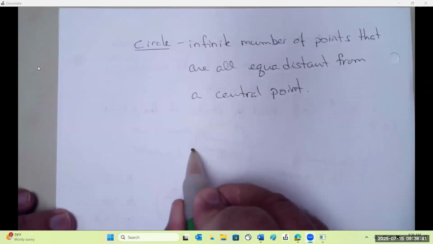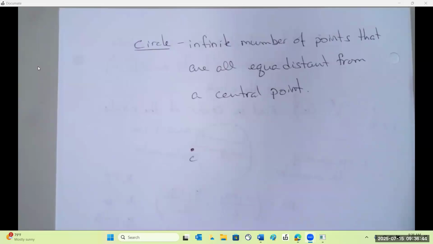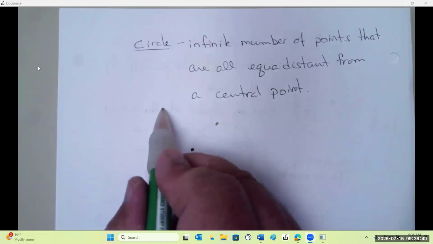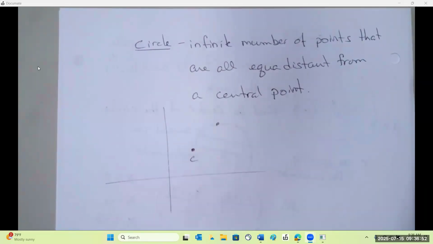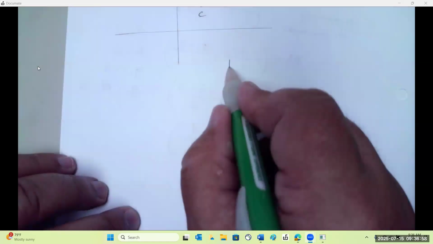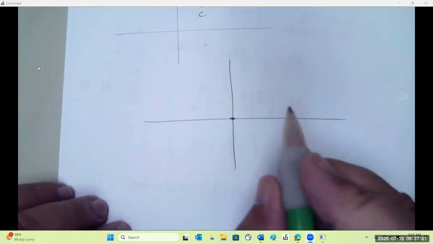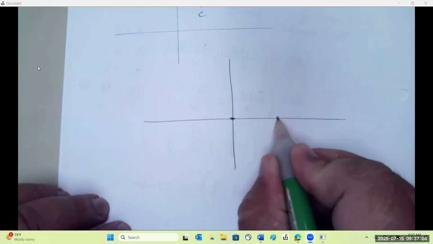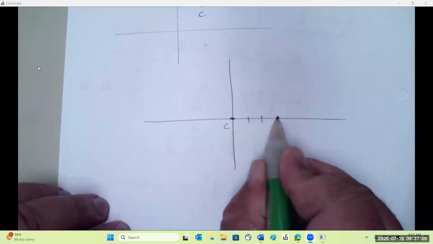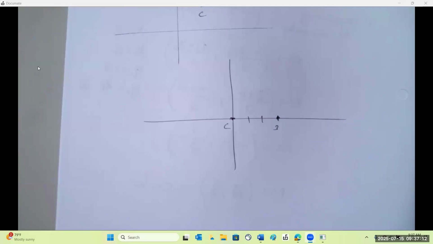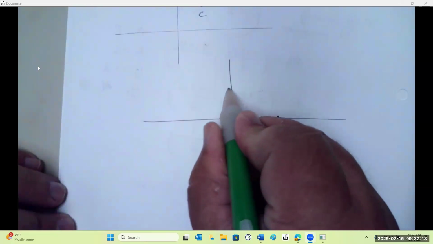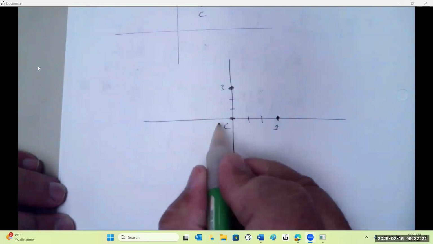So we have a center point. We call it the C. Let me make this on an XY graph. Actually, for this first one, I'll make it easier for you. I'll even put the center at the center. So here's the center, and I know the points are 3 units away. So that one's 3 units away. That means the next one over here has to be 3 units away.